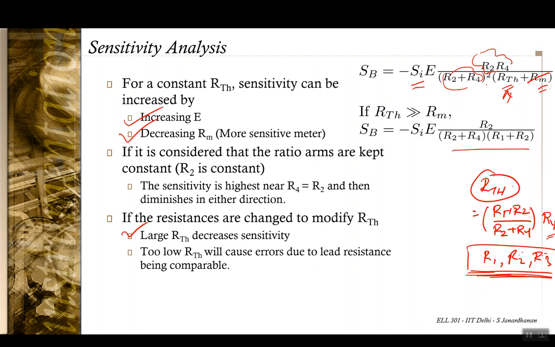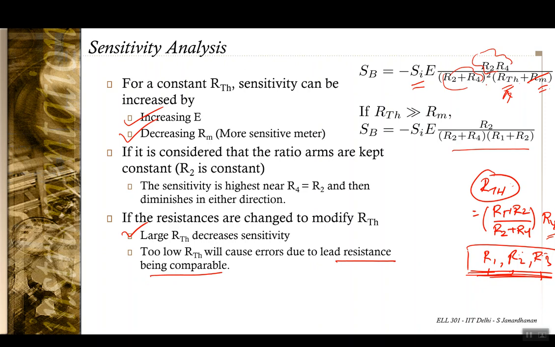But that exposes a hidden problem. When the resistances are reduced to a really small value, the way Wheatstone's bridge is connected, the resistances of R3, R2 or R4 will become proportional to the resistance of the leads that are connecting different components of the circuit.